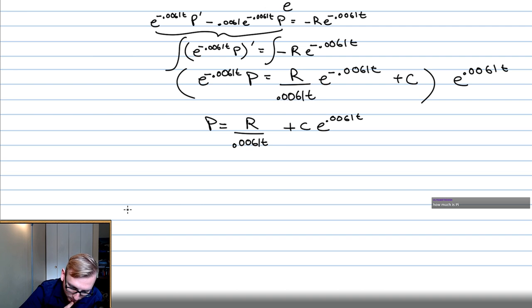Now, we've got our population model. How much is pi? 3.14 something. Actually, you can determine pi lots of ways. You should try it. There is using a perfect circle.